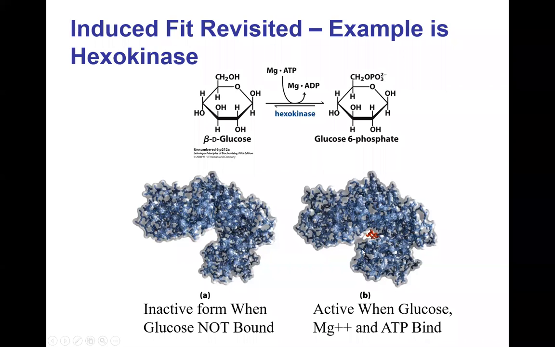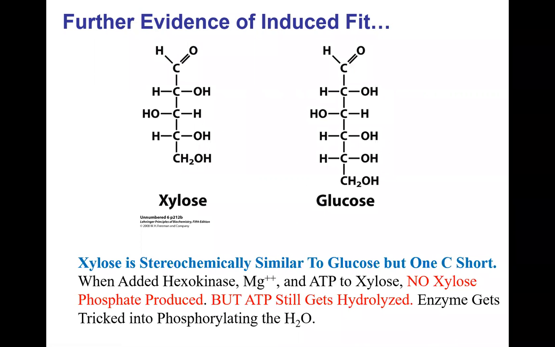You can clearly see that the jaw has closed on it nicely. So beautiful. Think about the breathing, the coolness of this. Upon binding of the substrate, glucose, hexokinase undergoes induced fit. Another very beautiful example, and it happens a lot.